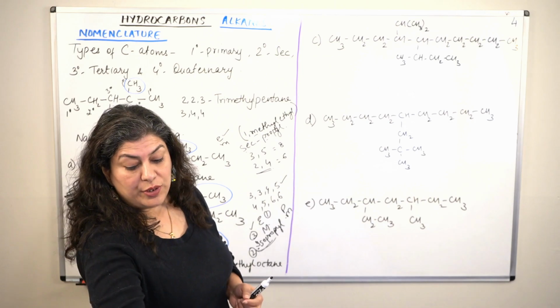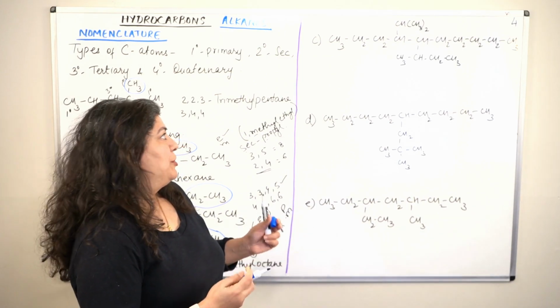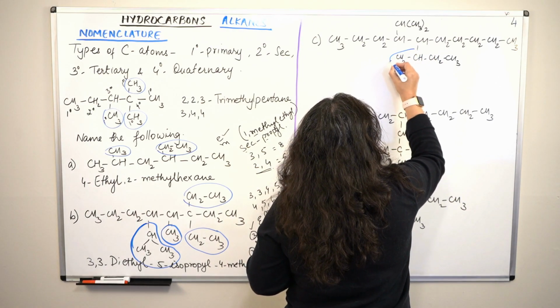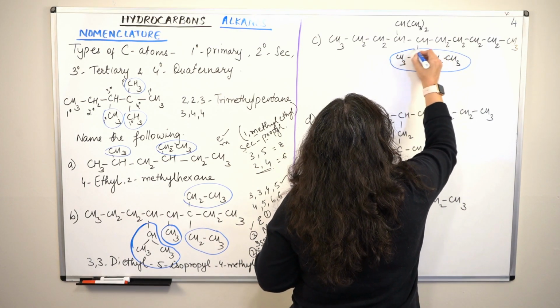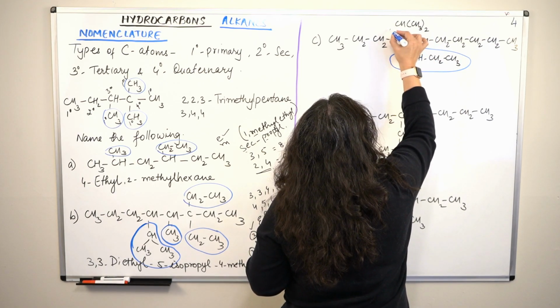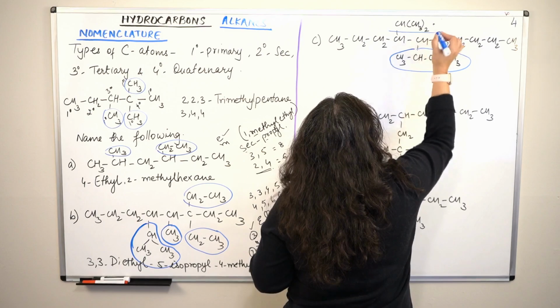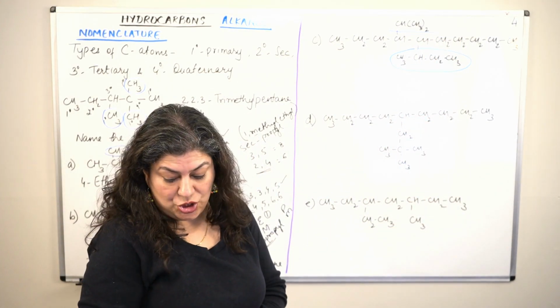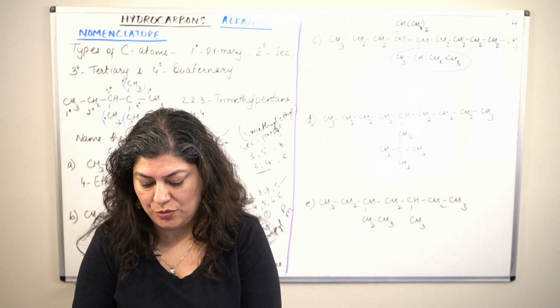Now if I look here, I have 2 substituents, 2 branches. Do you see? One branch is here, and the bond from the skeleton, there is one bond here. So this is the second branch.